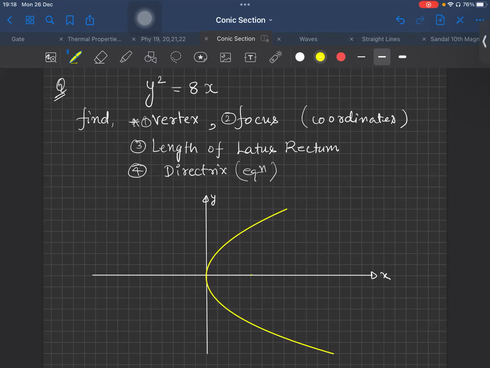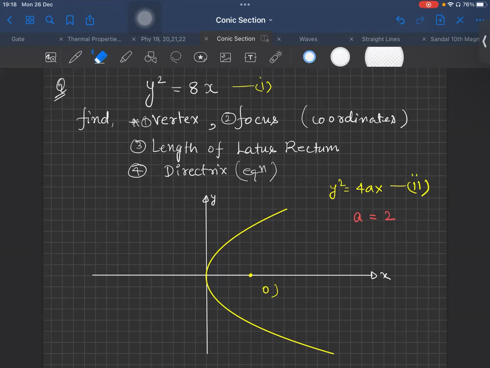And its focus is always (a, 0) if y square is equal to 4ax. Now if you compare equation 1 and equation 2, you can find the value of a. So what is the value of a? A is equal to 2. That means you got the focus, (2, 0).